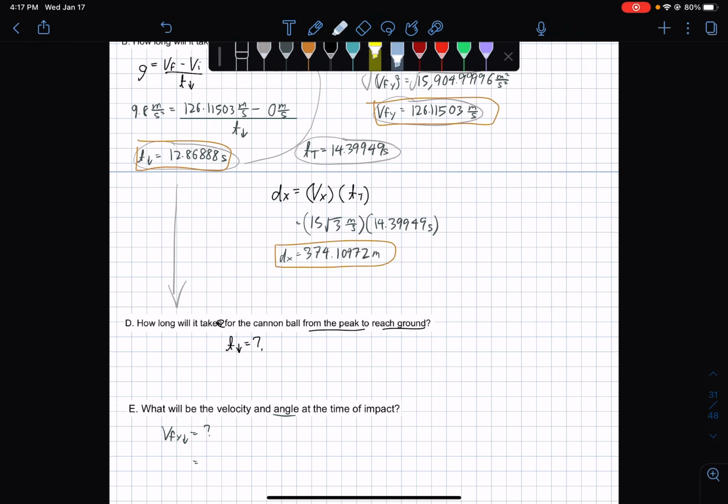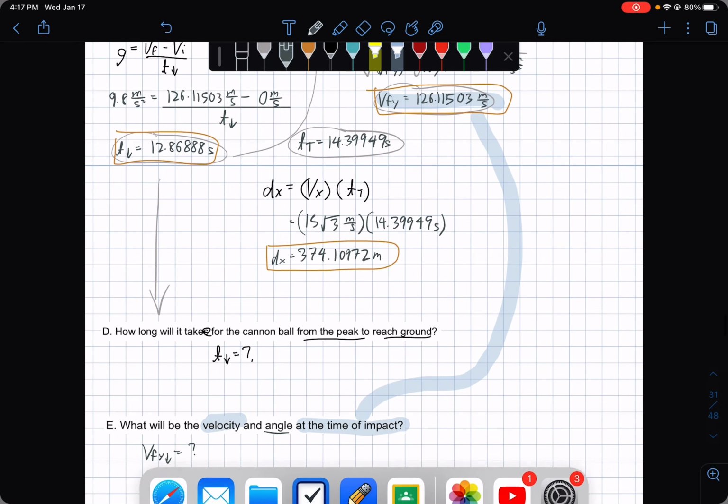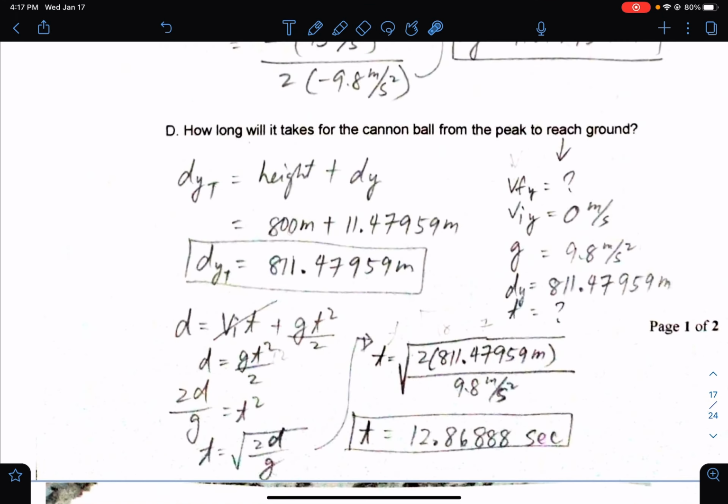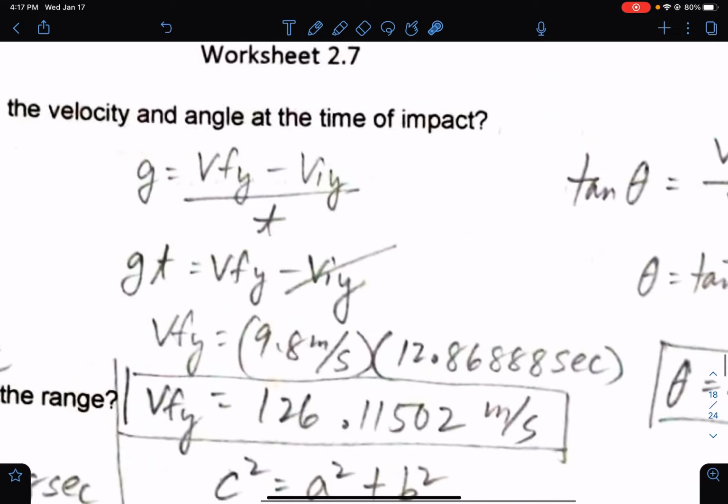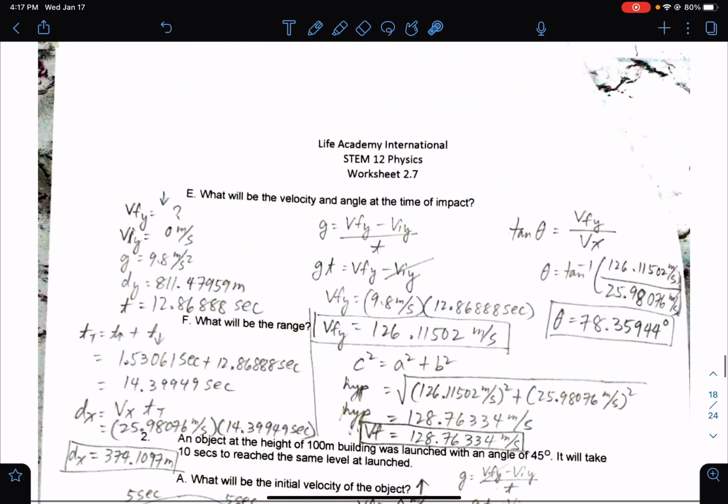And I'll just highlight. Okay, so 126.115 something. Yeah, it's over there. How about the angle? I'm not sure.